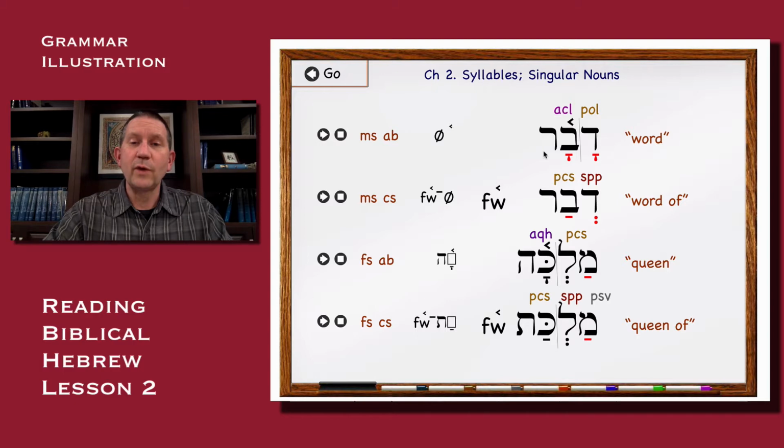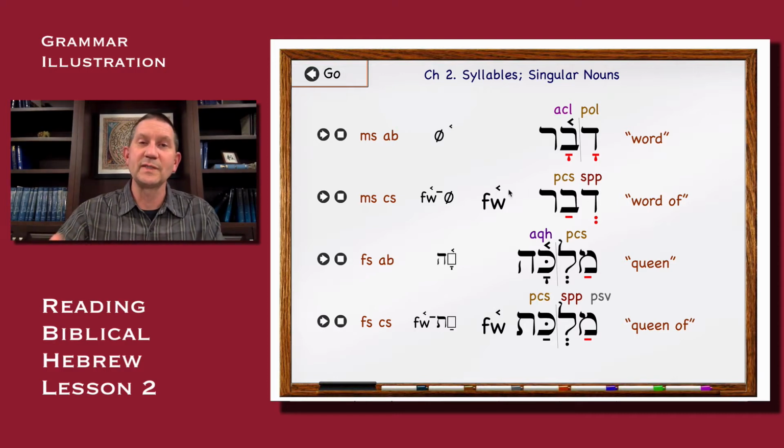And we can tell whether we have the absolute state word or the construct state word by the syllable principles, because this has accented closed long and pretonic open long, and this has its last syllable being closed and short, and accented closed short is not a rule. So this is pretonic closed short. This is shava in problem position, and that means the next word is effectively the accent, and this is tied to it, and so it's in construct.